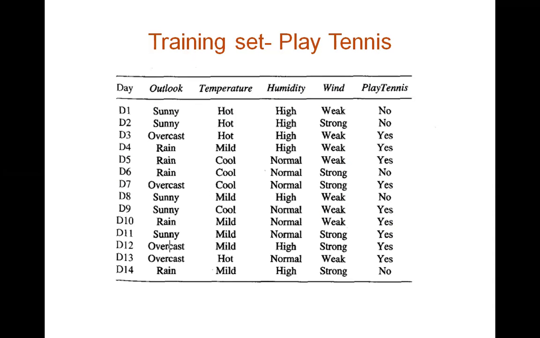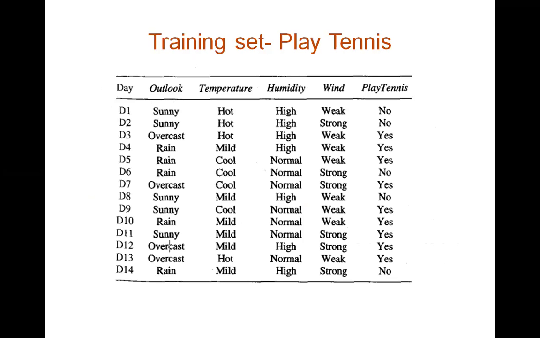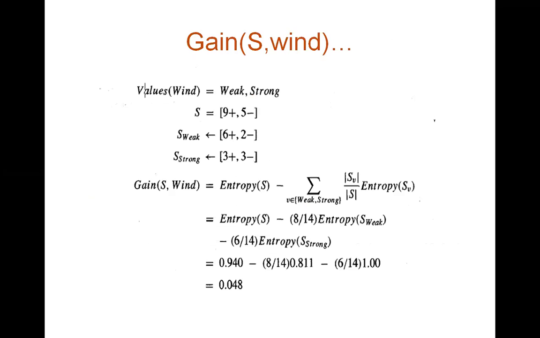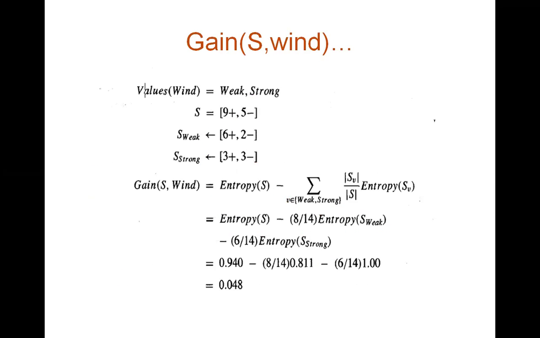Either they will ask about the ID3 algorithm, or they will ask to calculate the entropy or information gain, or they will ask you to construct the decision tree for a given data set. Is it clear? So this calculation, entropy calculation and information gain calculation, we shall see in the next class.